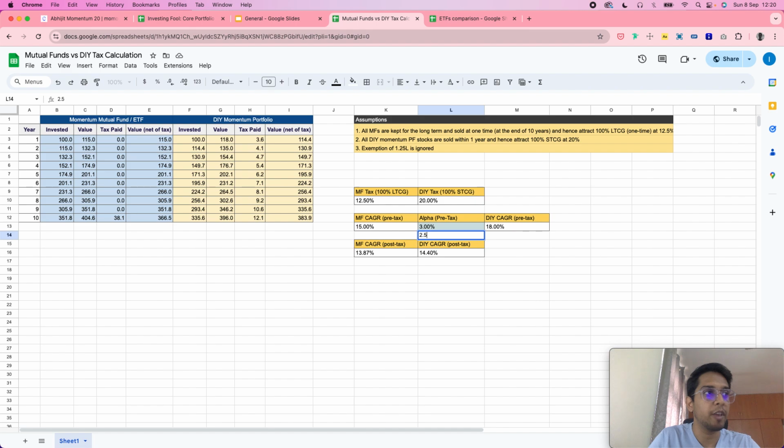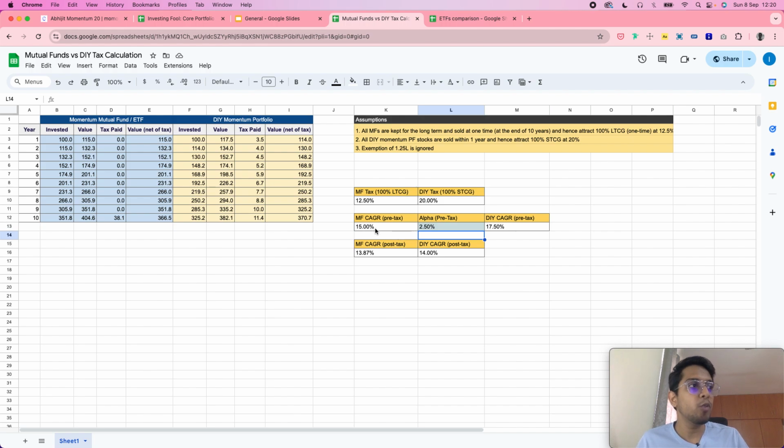If we make this 2.5%, we are still ahead of this. We are still close to this. So if the returns you're assuming for mutual funds are low, then the alpha required would also be relatively lower.